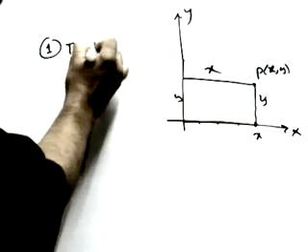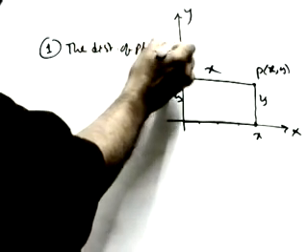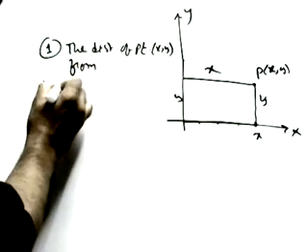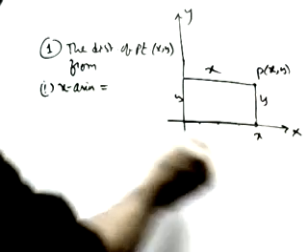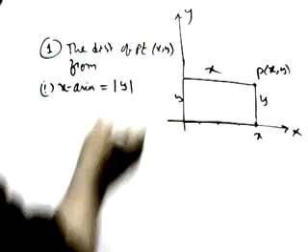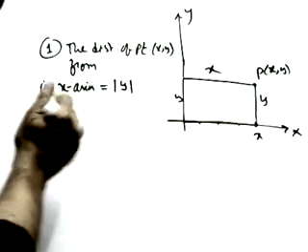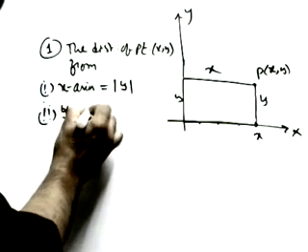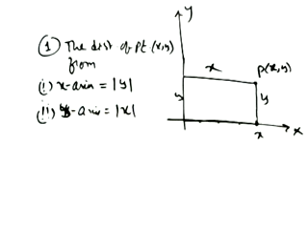So we have one question like this: the distance of point (x, y) from the x-axis is mod y. Why mod? Because we should not take distance as negative. In the same way, the y-axis distance is mod x.